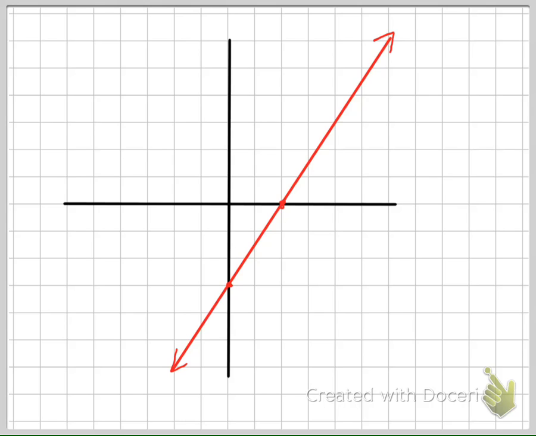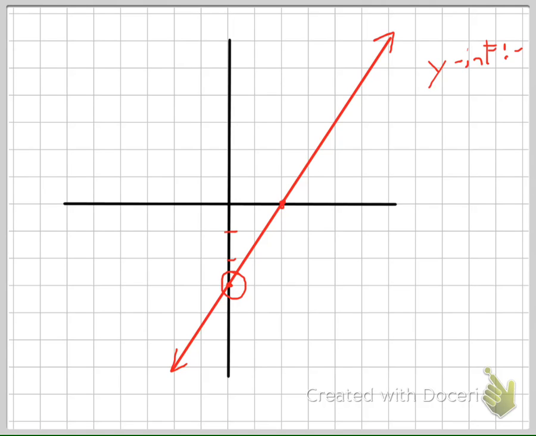Where does it cross the y-axis? Well, let's see. It crosses the y-axis right here, and the value there is 1, 2, 3 below, so that would be -3. So our y-intercept is -3.